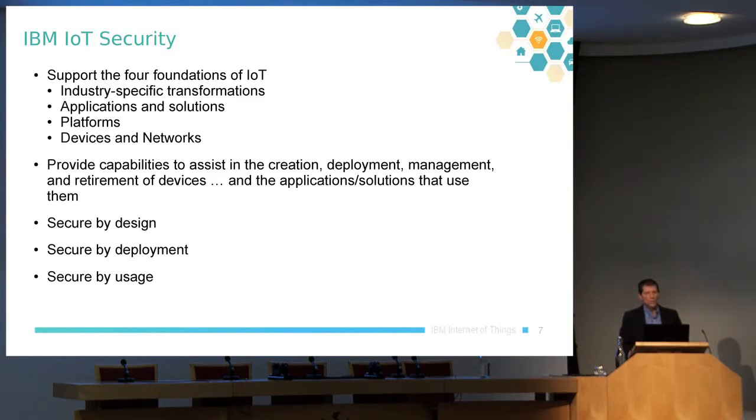So the security characteristics that we are creating are really set up to address all four of those areas in one capacity or another. We're doing work with on-device security technology to analyze behavior within a device to point out potential vulnerabilities or potential attacks that might be occurring in devices. We are securing our IBM IoT platform for authentication, authorization, auditing, and data protection, as well as providing additional risk management services on top of that.